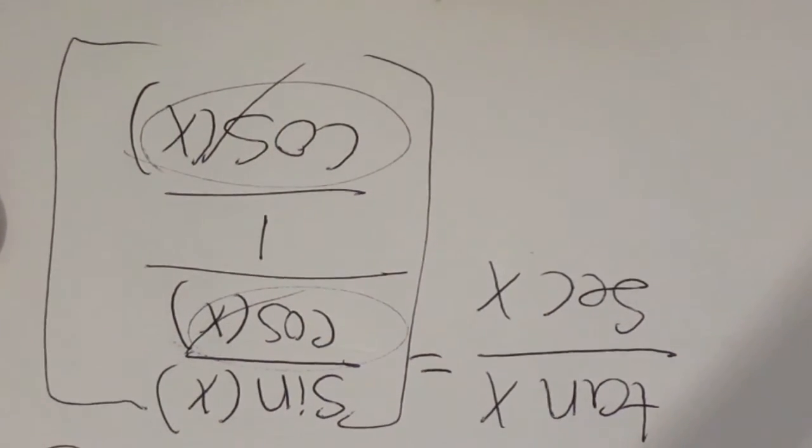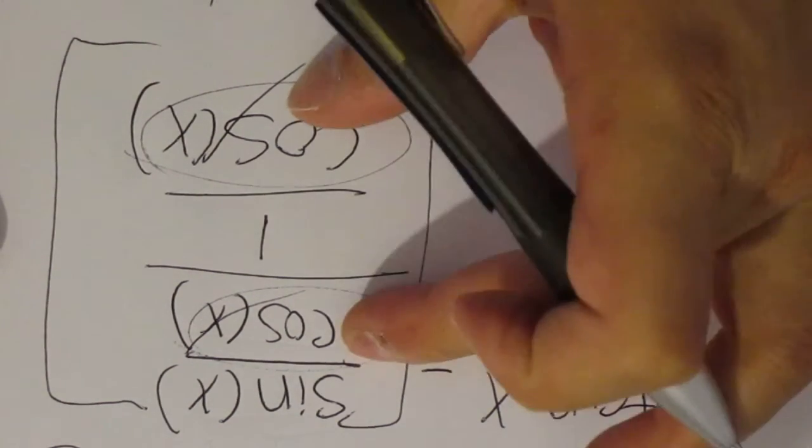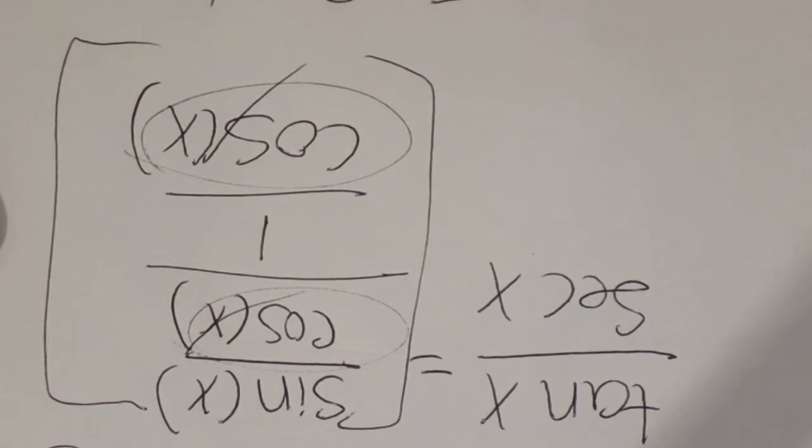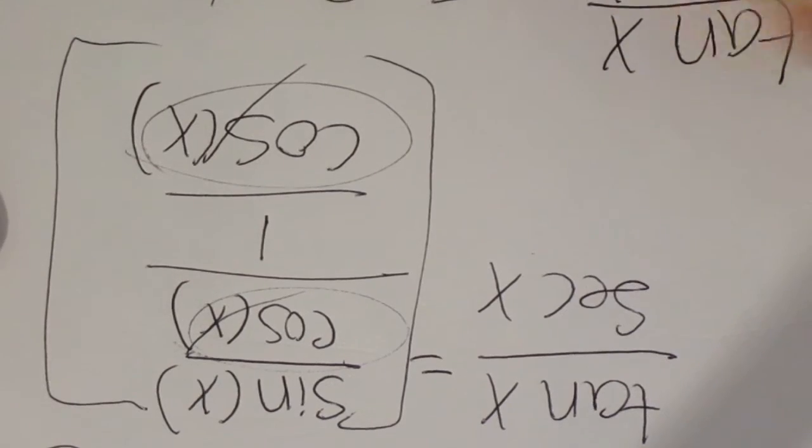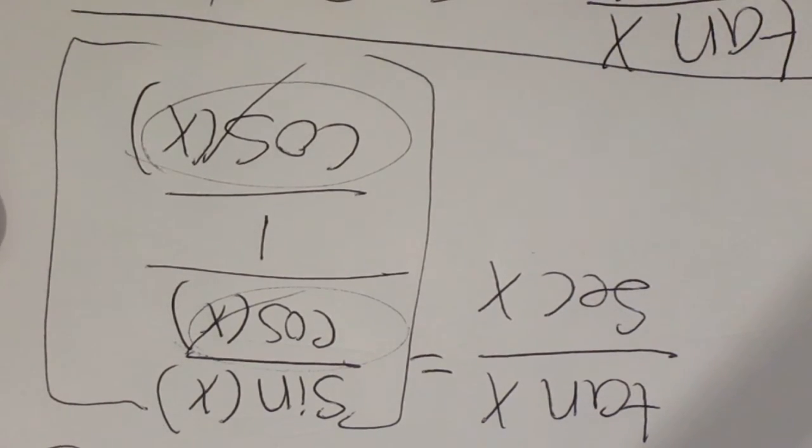So you're left with sine of x. So tangent x over secant x equals sine of x.